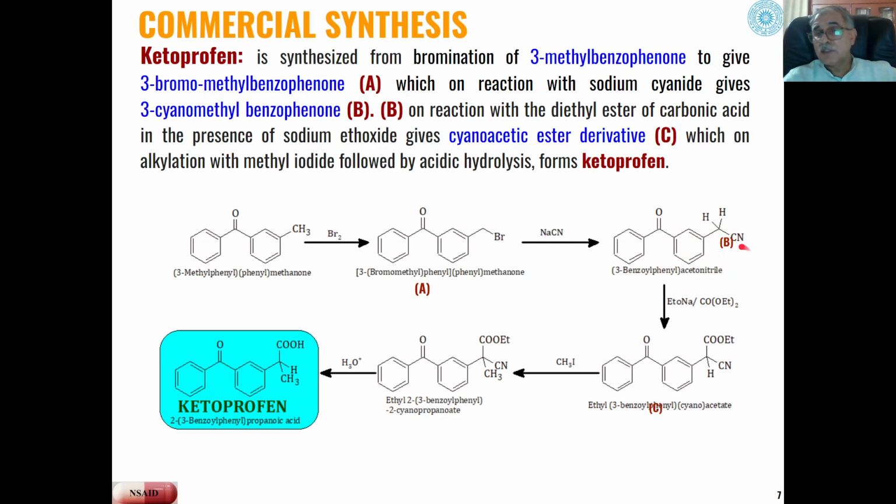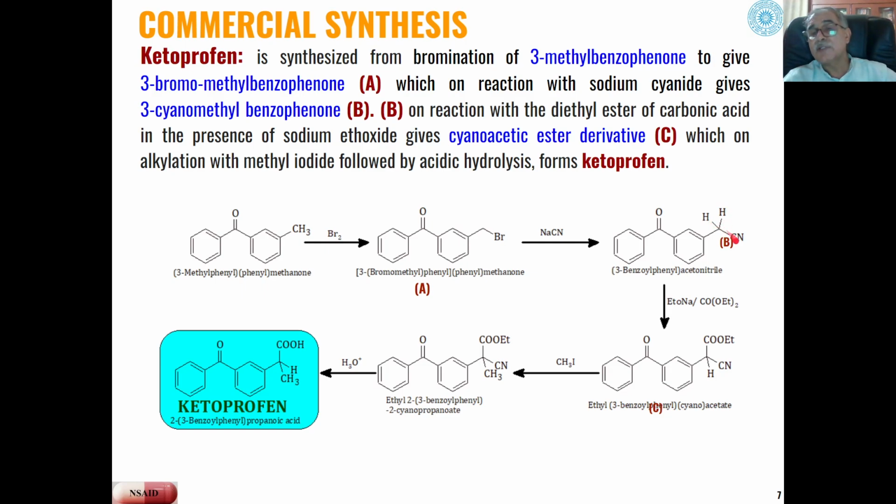Then this cyano group, cyanomethyl benzene, is reacted with a strong base like sodium ethoxide in presence of diethyl carbonate. Basically, in the first step, this base will abstract one of the acidic protons.